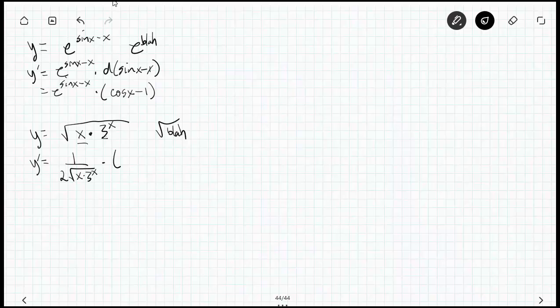But again, this can get pretty tricky. This is the derivative of a product, the product of x and 3 to the x. The derivative of the first is 1 times the second as it stands plus the first x times the derivative of the second, which is 3 to the x, times the natural log of 3. Bam! Your derivative is done.